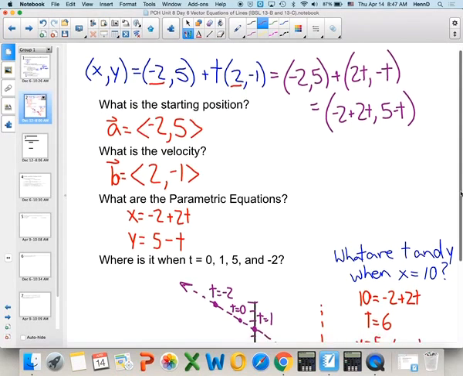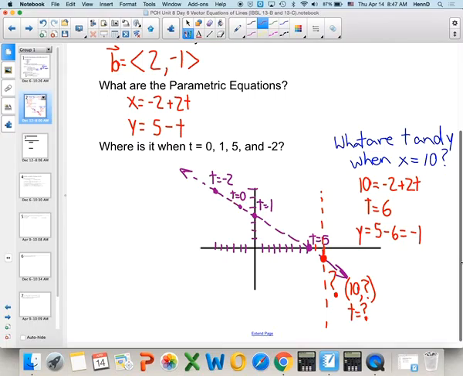If I wanted to eliminate the parameter just to look at its position, I could say, okay, well, using my y equation, t would equal 5 minus y. So if I plug that in for x, x would equal negative 2 plus 2 times 5 minus y.